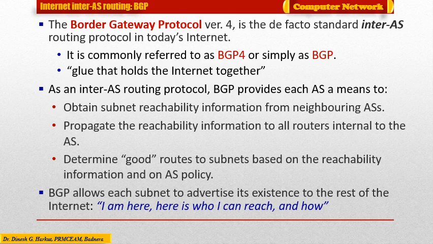If BGP had not been there, each subnet would be isolated and alone, unknown by the rest of the internet. Hence, BGP is the main source which enables information to pass from one AS to another AS.